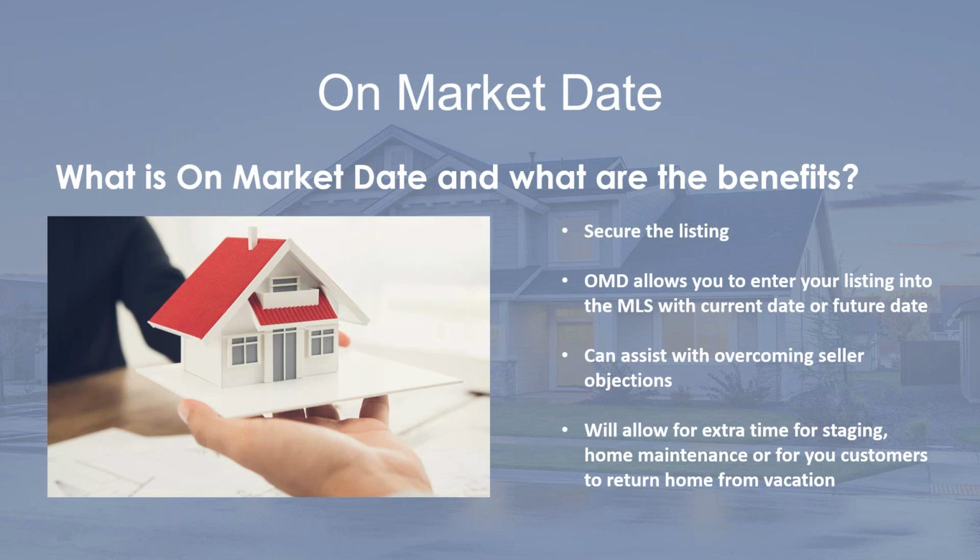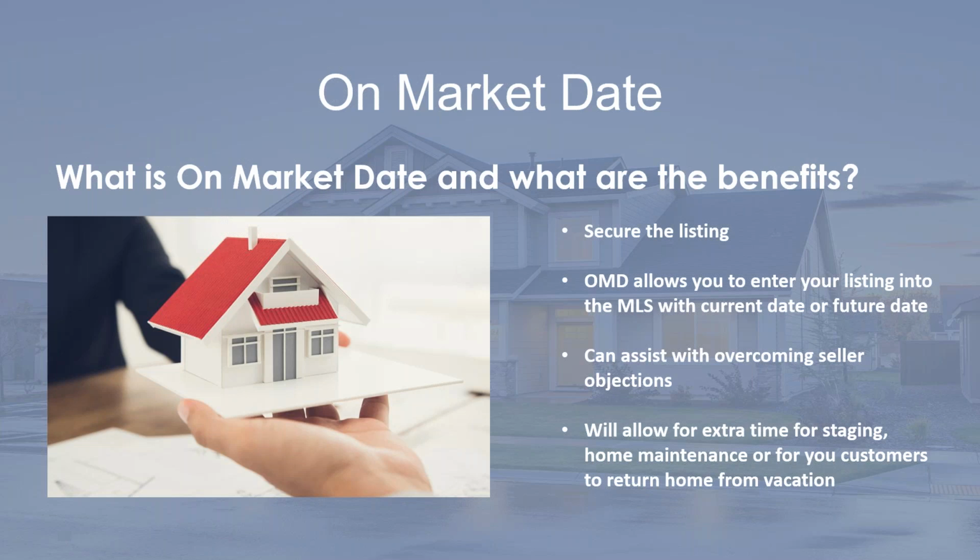And then when you enter the listing into the multiple listing service, which you have to do within 3 days, it prompts you for an on-market date. It's actually asking you, when do you want that to be exposed to the consumer? When do you want that to go out through syndication? When do you want that listing to light up in the eyes of all?